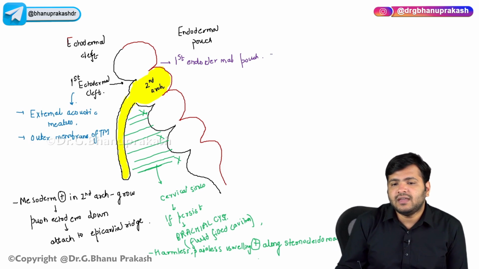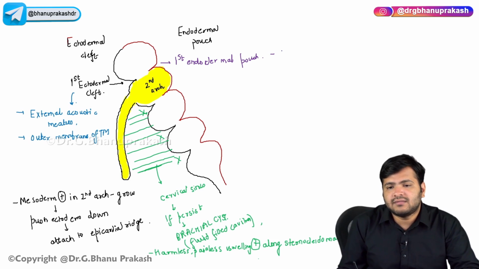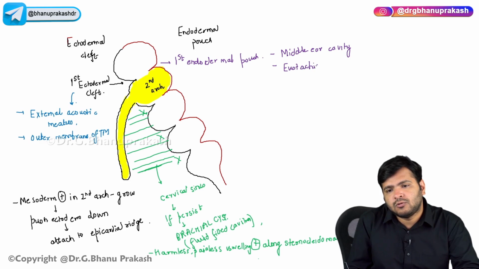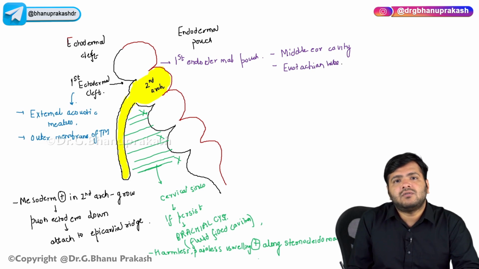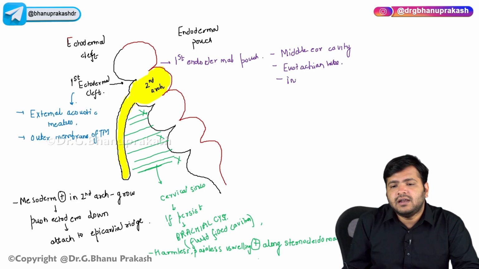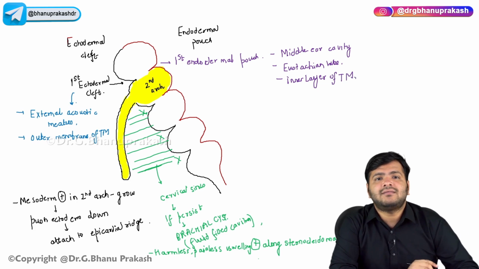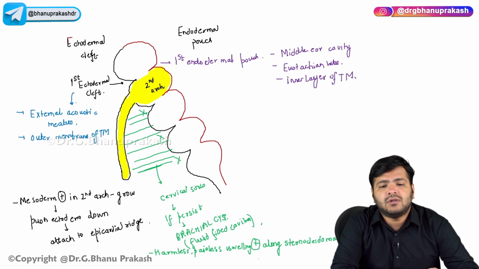So yes, the middle ear you will get, the cavity, plus you already know what is present in the middle ear, the eustachian tube you will get, plus you will get the inner layer of the tympanic membrane. So those are the derivatives of the first endodermal pouch.